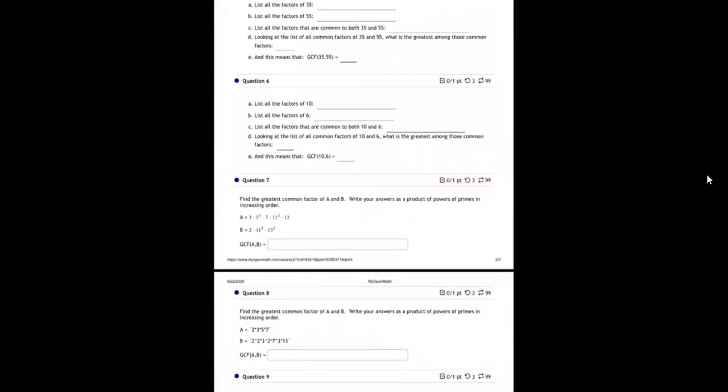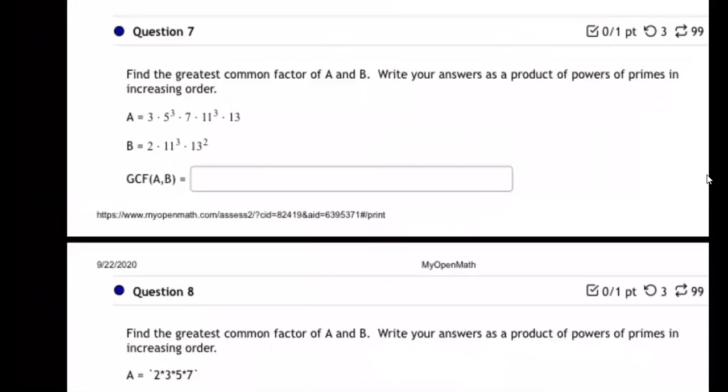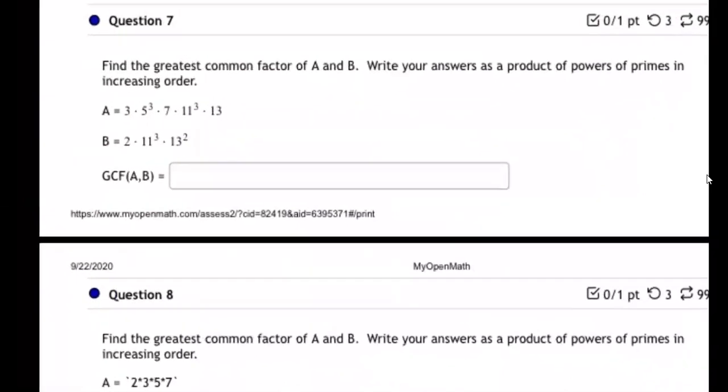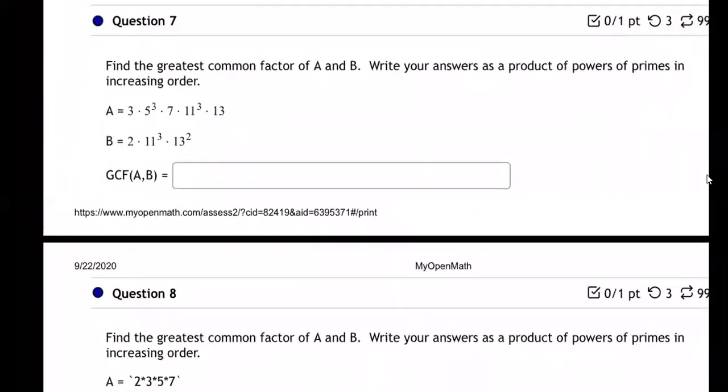Here, let me try another one with 2. Let me try question 7, and I'll show that final answer as well. So looking here at question 7. Again, I'm going to take A and B and rewrite them lined up. So here we go.